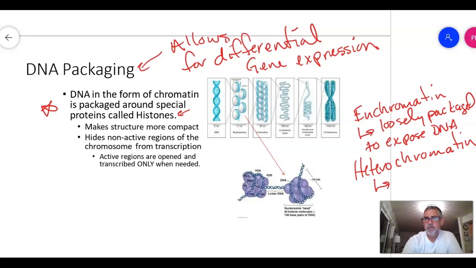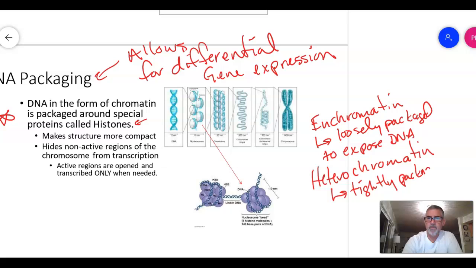And then heterochromatin will be tightly packaged. So I would be reading genes in euchromatin areas, and I wouldn't be reading genes in heterochromatin areas.